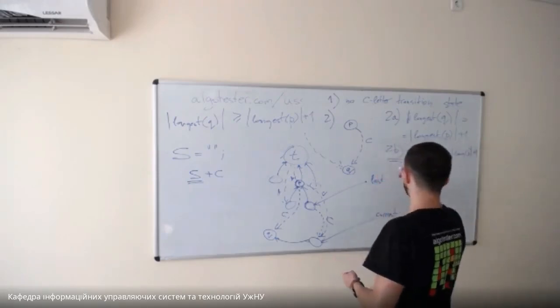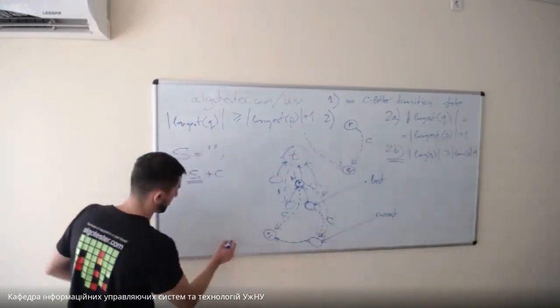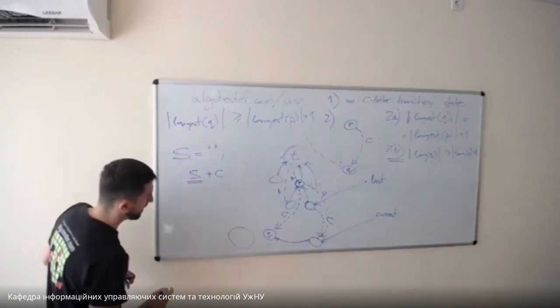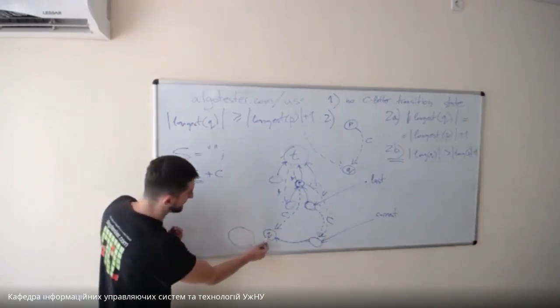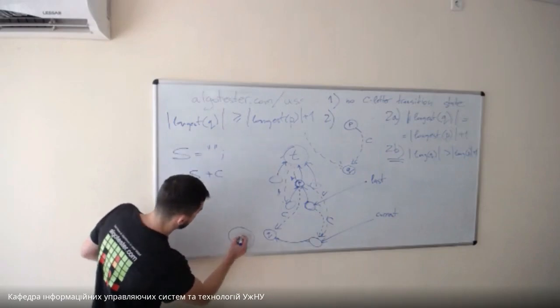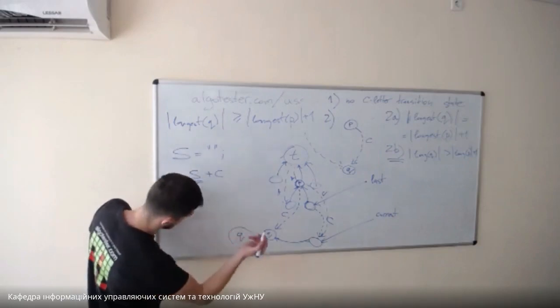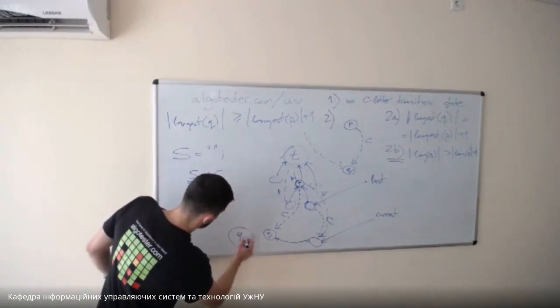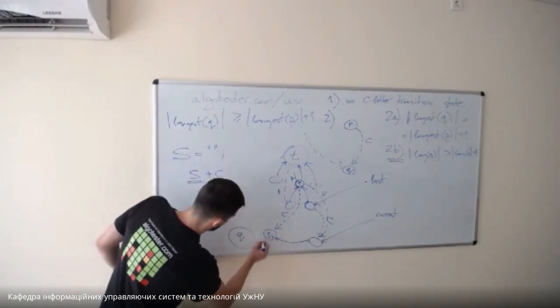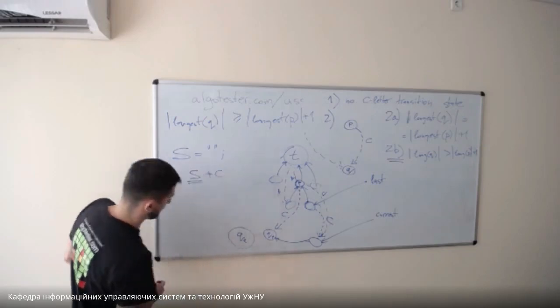Let's consider option 2b. For 2b, what we do, alongside state Q, we create another state. Let it be Q1, and this will be Q2.